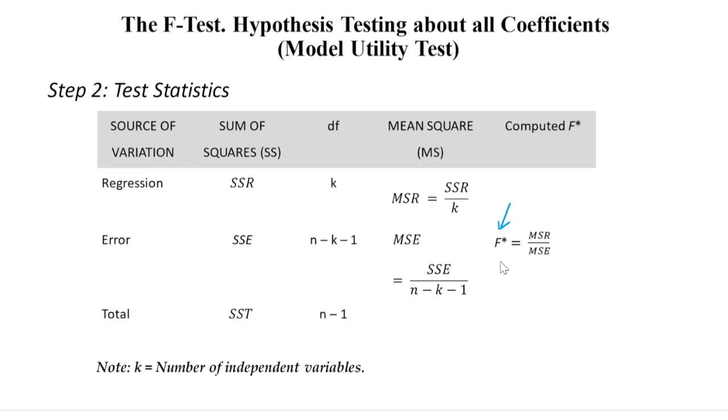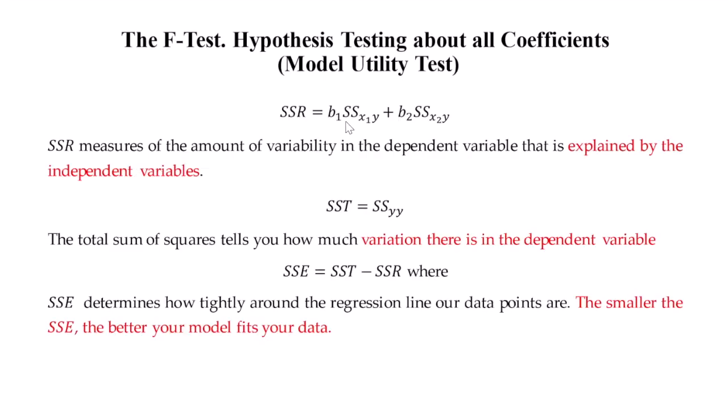Before we calculate the F star, we need the sum of squares of the regression, sum of squares of the error, and sum of squares of the total. These values are easily calculated using the formula over here. We already have the values of B1, B2, sum of squares of x1y, and sum of squares of x2y.